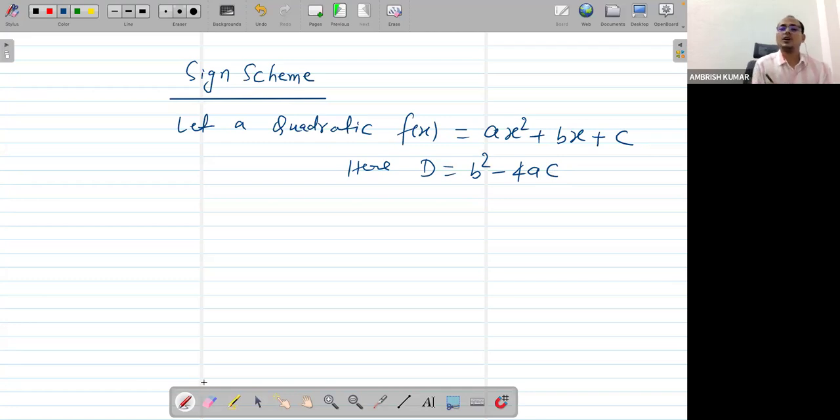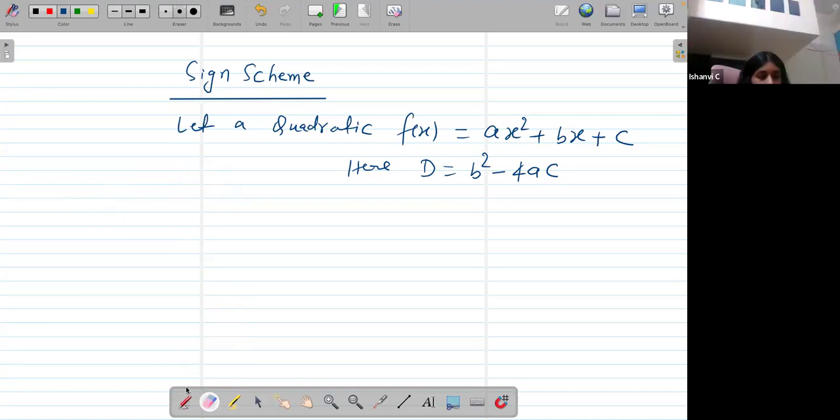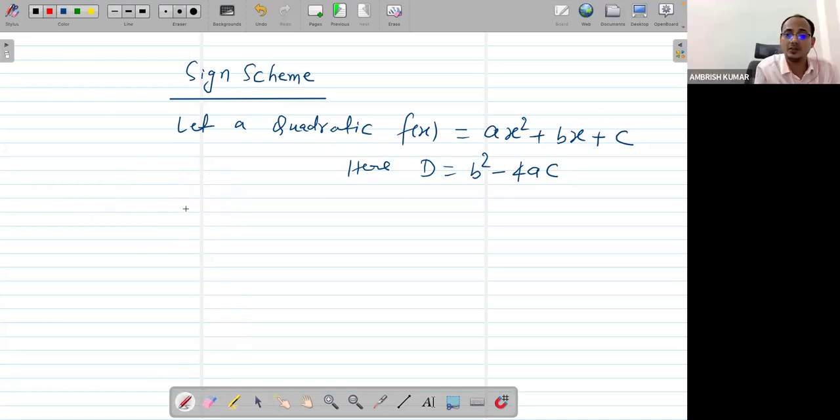Now we have to solve. What happens? Sometimes we have to solve the given quadratic for greater than 0. Sometimes we have to solve for less than 0, right? So in both the cases, actually the discriminant plays an important role.